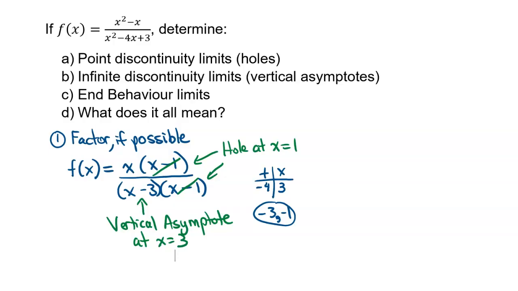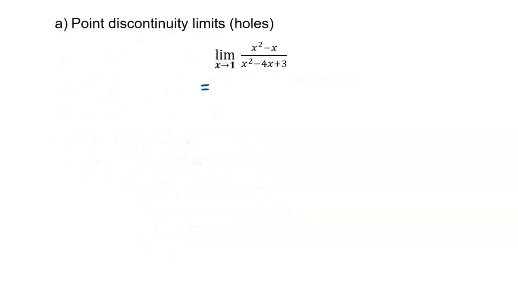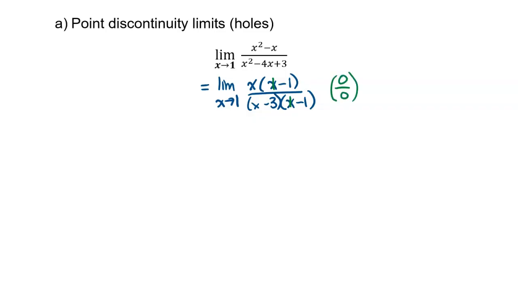So let's jump in. The first type of limit is a point discontinuity limit. We've already identified what those holes are, but let's recognize again that we have it in factored form. That's why I have x approaching 1, because as x approaches 1, we get 0 over 0 in that fraction.